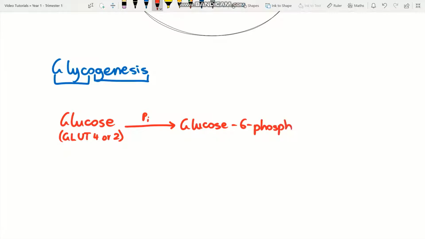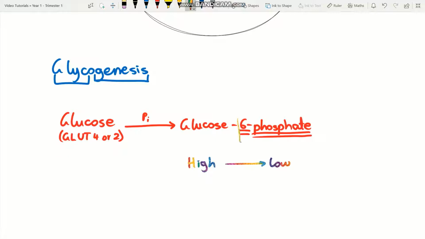Now glucose 6-phosphate is essentially a glucose molecule with a phosphate group on the 6th carbon atom of that molecule. And you may be wondering, why does this actually occur? Well, essentially, because there's a concept of a concentration gradient in which molecules and particles always move from a place of high concentration to low concentration, we want to maintain glucose flowing into the cell.